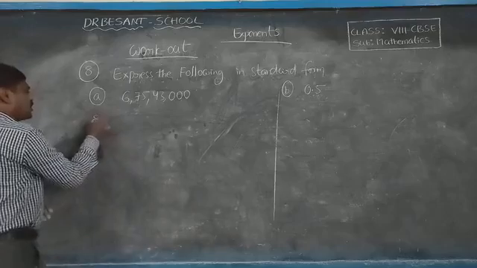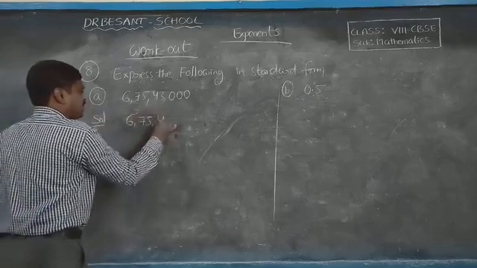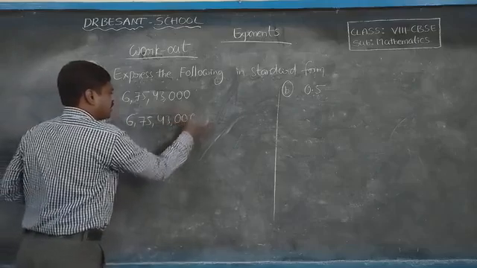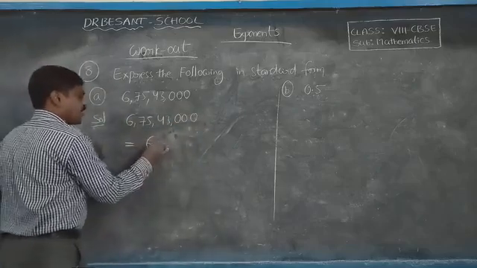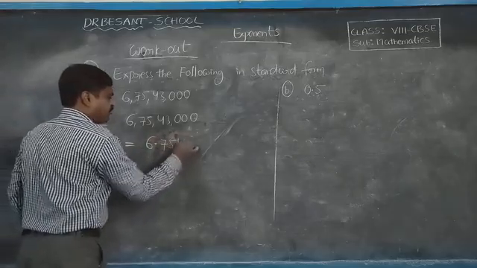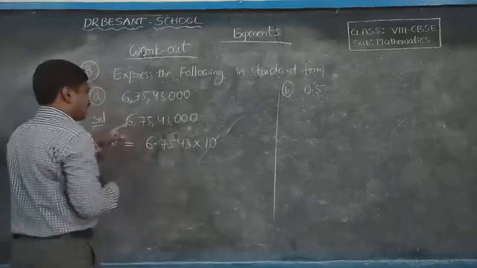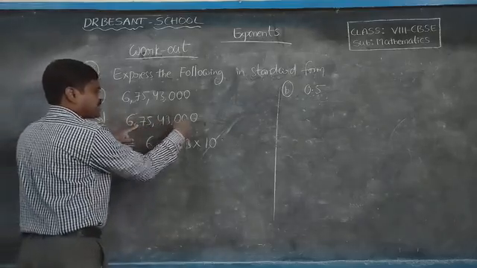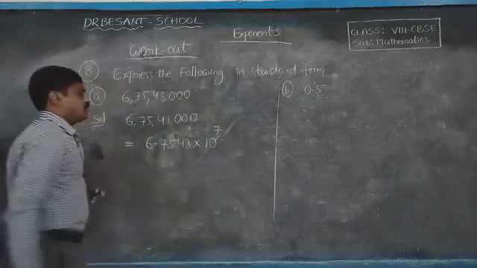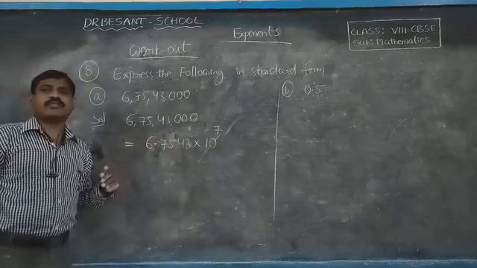So this is 6 crore 75 lakhs 43,000. So that is equal to 6.7543 into 10 to the power of, after that 1, 2, 3, 4, 5, 6, 7. Okay. So 6.7543 into 10 to the power of 7.